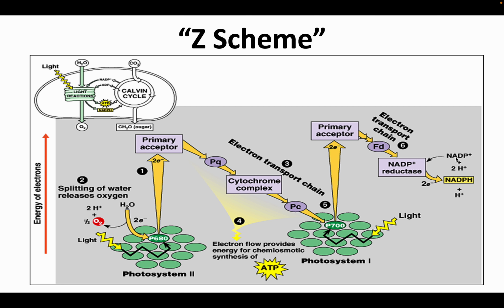NADP plus is an oxidized molecule, and it needs to get reduced to NADPH. So those electrons from photosystem 1 get used by NADP plus reductase. Two electrons plus two protons plus NADP plus gives us NADPH plus a proton.